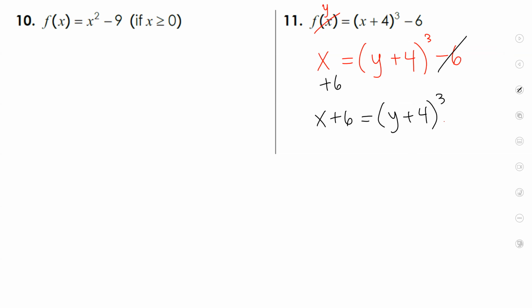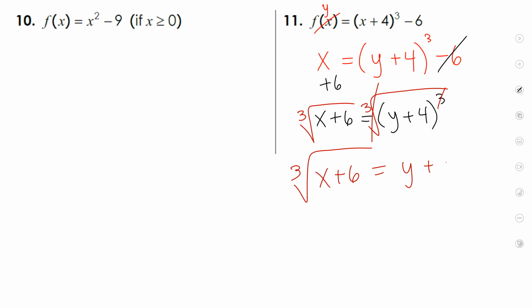Now, to get rid of the cubed, you're going to do a cube root. The cube root will cancel out with the cubed. So I have the cube root of x plus 6 equals y plus 4. We're nearly there. I'm going to get rid of this 4 and subtract 4 on this side. So that means my answer, the inverse, is the cube root of x plus 6 minus 4.